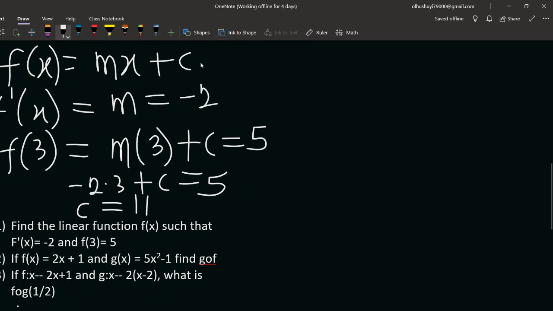Should we stop there? No, we won't stop there. Put everything into the equation. So substituting for m and c, what do we have? We are going to be having this.